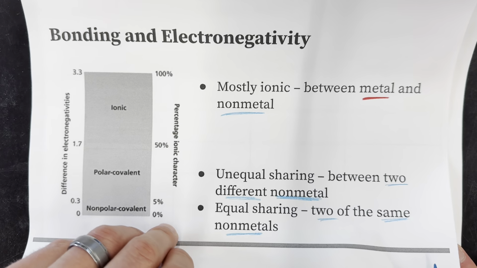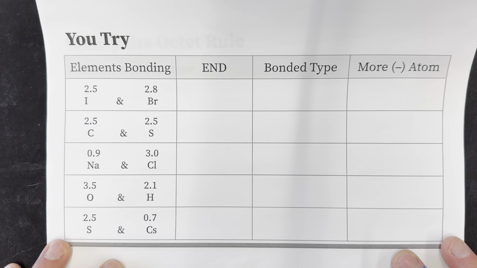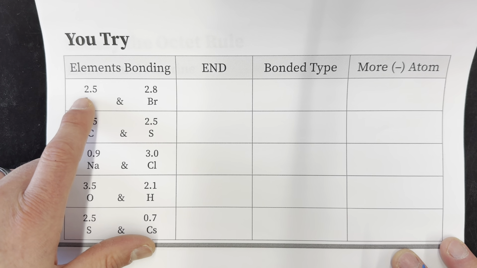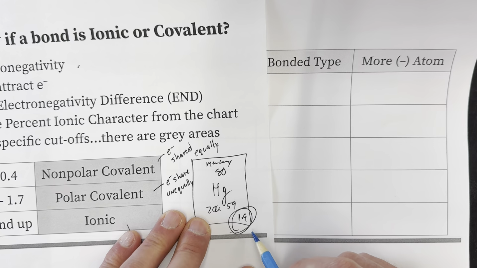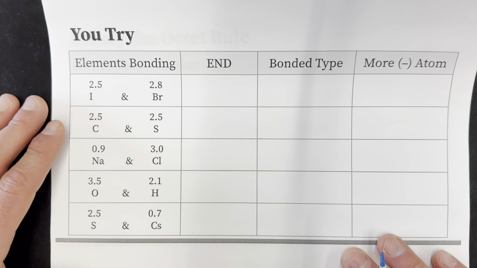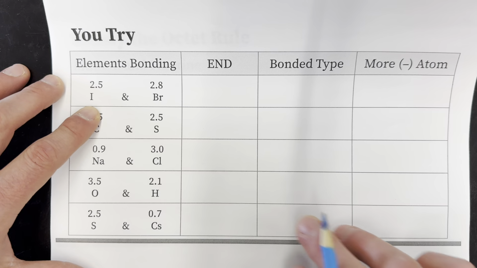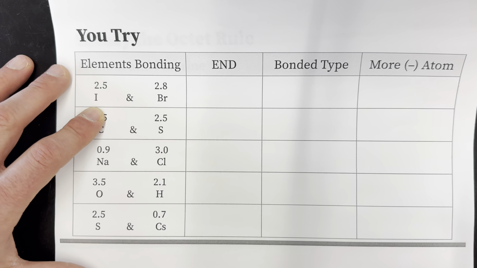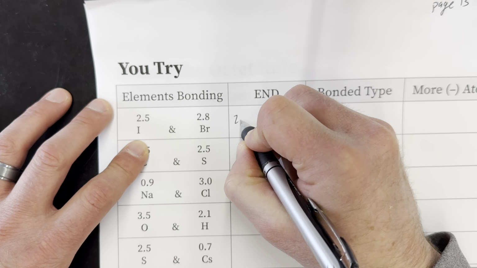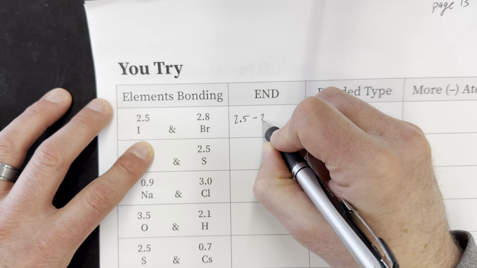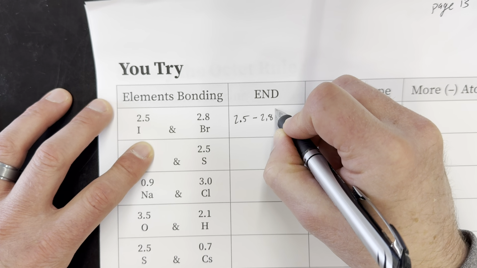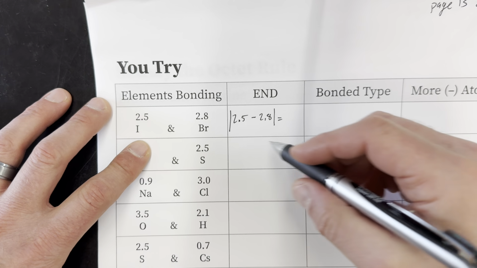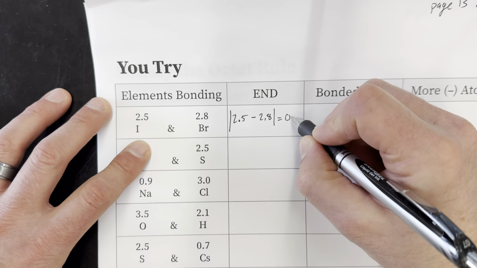So let's take a moment to look at how we calculate an atom's electronegativity difference. I went through the process of finding these elements on the periodic table and grabbing their electronegativity value from the lower right-hand corner of the periodic table box. To calculate the electronegativity difference, I'm going to take iodine's 2.5 minus bromine's 2.8, and put that in absolute value so that it comes out positive, and I get a value of 0.3.